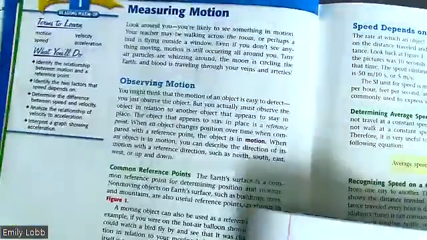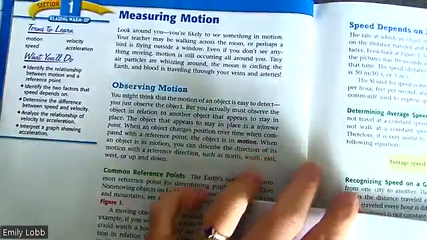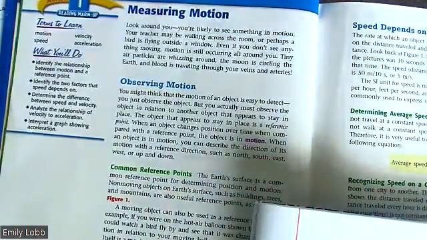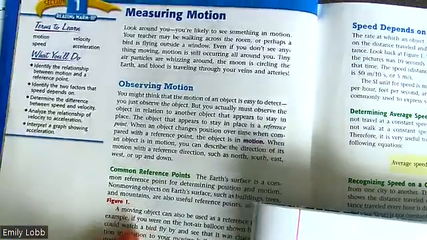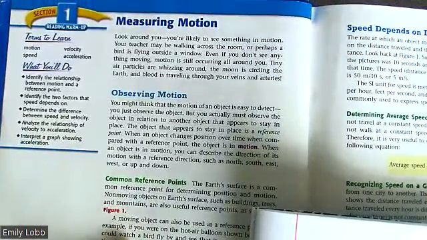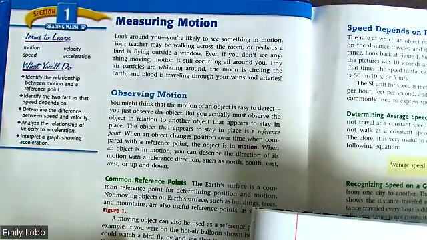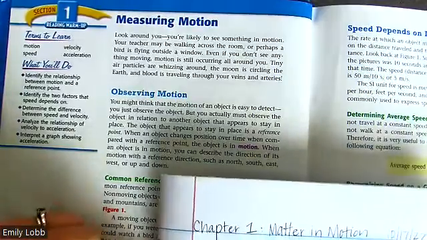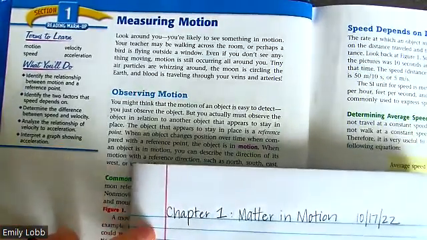Measuring motion. Today, as we're getting used to our text, I'm going to be reading, but as the week goes on, we are going to be. Let's go. No one wants to listen to me forever.